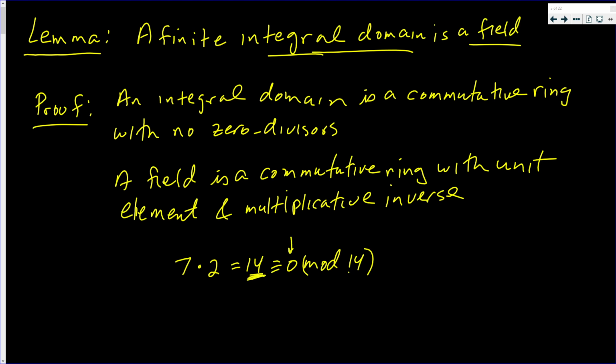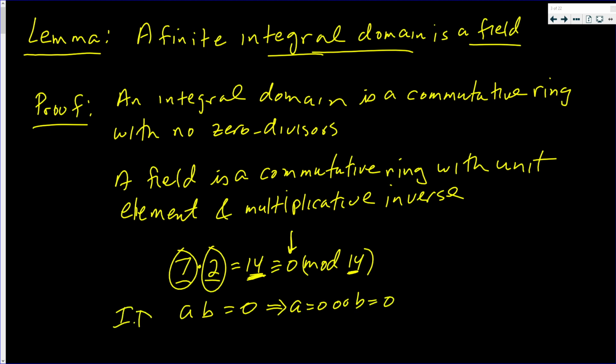When you divide this number by 14, the remainder is 0. 7 is not 0 and 2 is not 0, but when we multiply them together, we do get 0. That means 7 and 2 are zero divisors. If you do not have zero divisors, like in an integral domain, that implies that A is 0 or B is 0. If AB equals 0, then one or both of those numbers is 0.